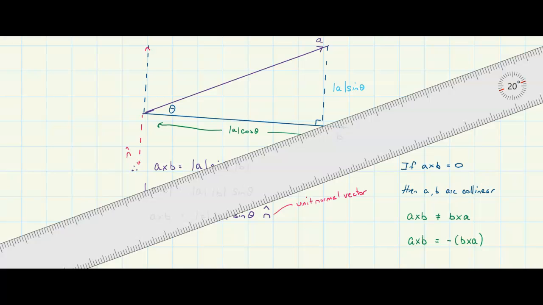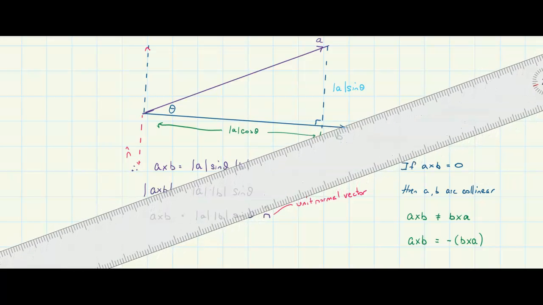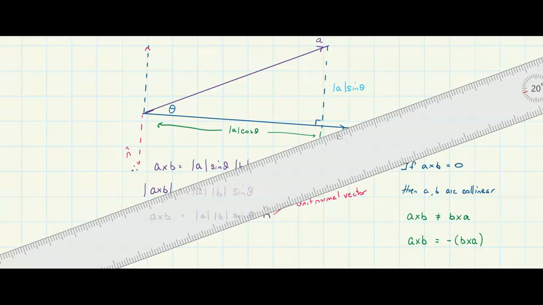If I pick up that vector A and reproduce it here so that my tail is on the tip of my B vector, I think I need to move that along a little bit. So I pick it up so that it's in line with my B vector.